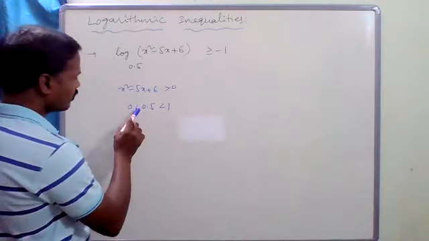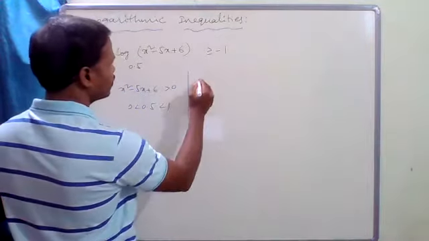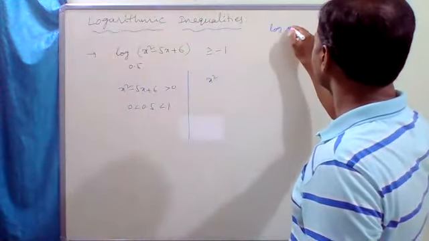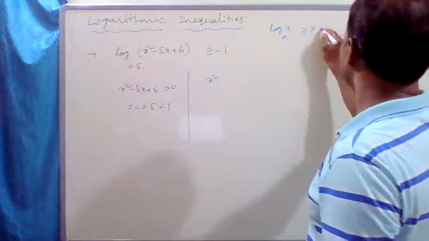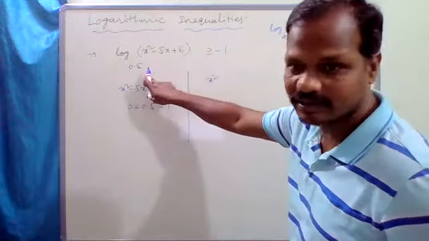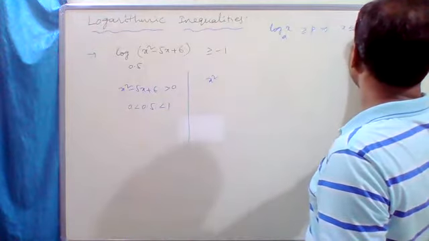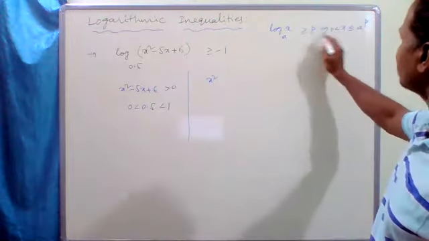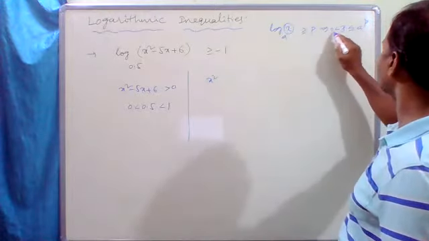So what is our formula? Log x base a is greater than or equal to p implies, since a is less than 1, the sign will be changed: x is less than or equal to a power p, and 0 is less than x, because x is in the domain of log, so it must be greater than 0.